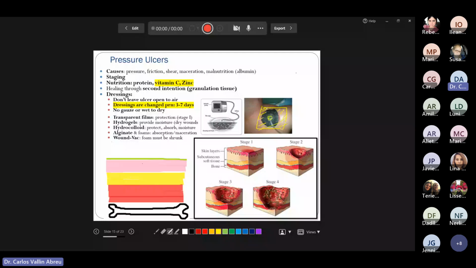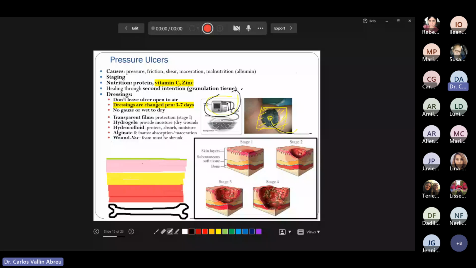This is connected with a tube that goes to a pump that sucks. So it needs to be connected to the electricity. It sucks and has a canister that collects all the fluids that are sucked from there.